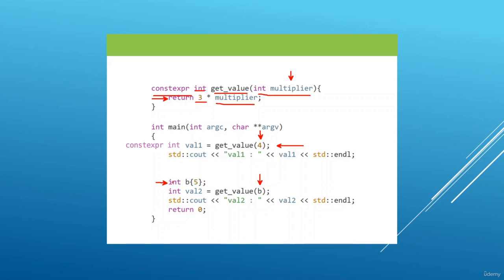Because this b here is known at runtime, you see it is declared in the main function here, so it's going to be set up and initialized when our application runs. That's why it is a runtime variable. If we call our getValue function with our runtime variable, the function here is going to run at runtime.